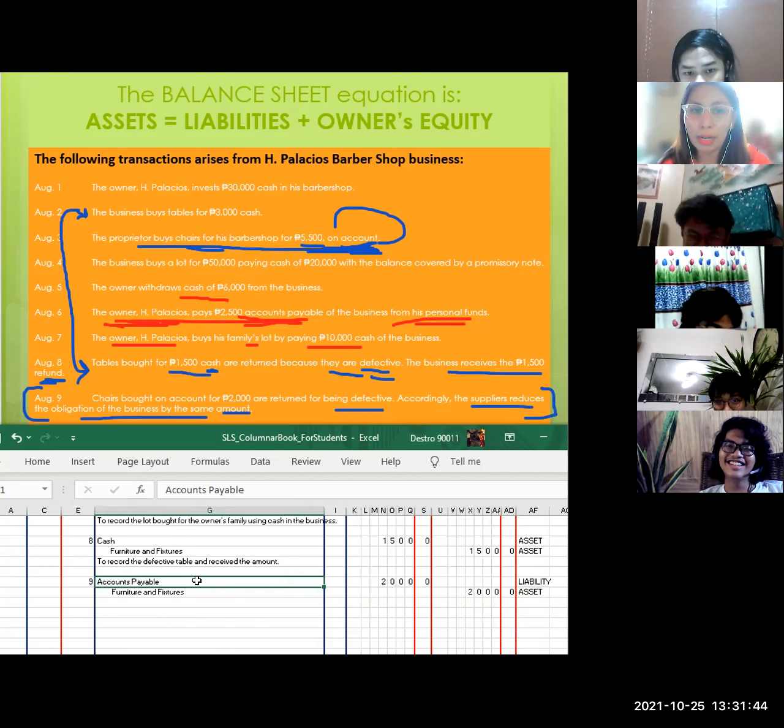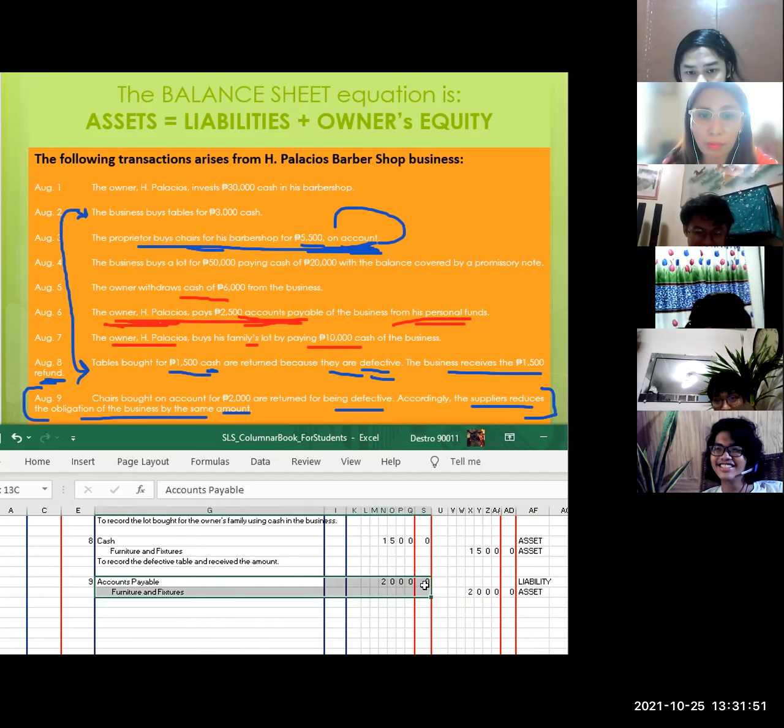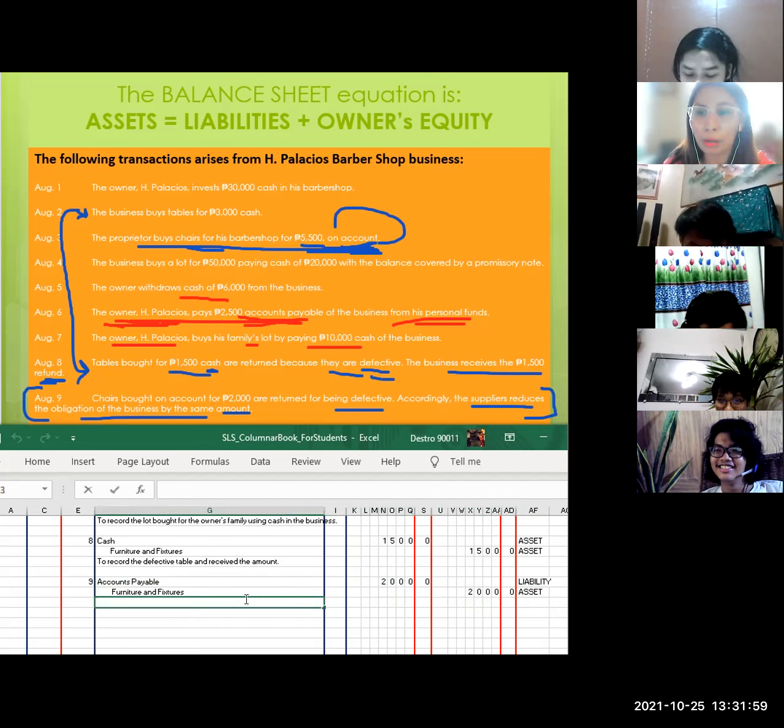So, kung ang liabilities, accounts payable dito on transaction number 9, if it is placed on the debit side, therefore it decreases its value. Lumiit po yung value ng liabilities amount.